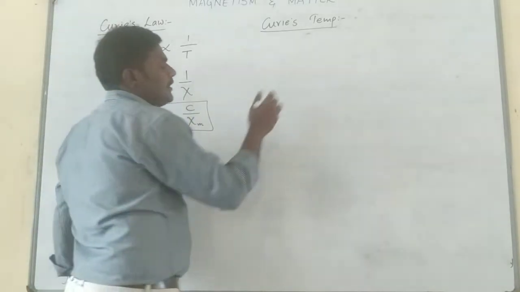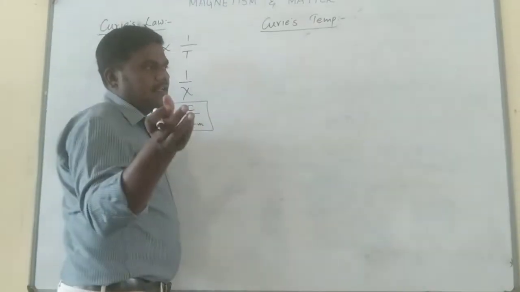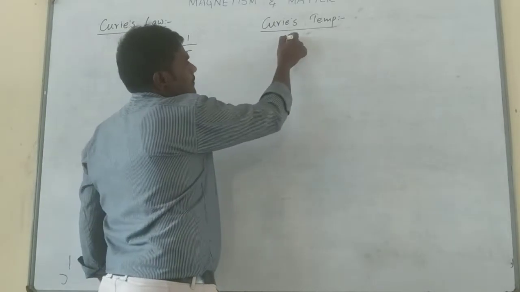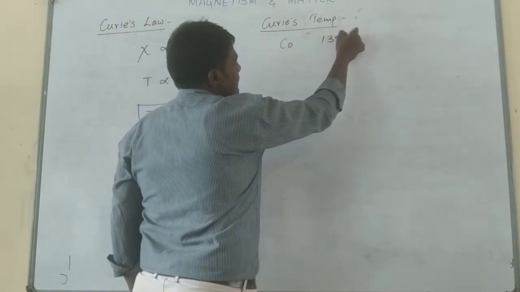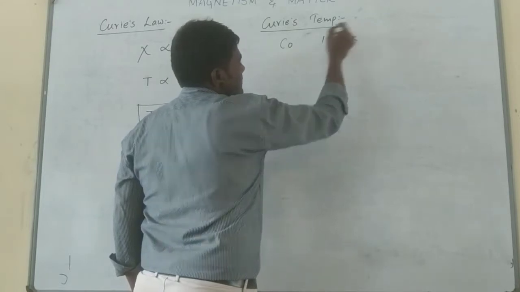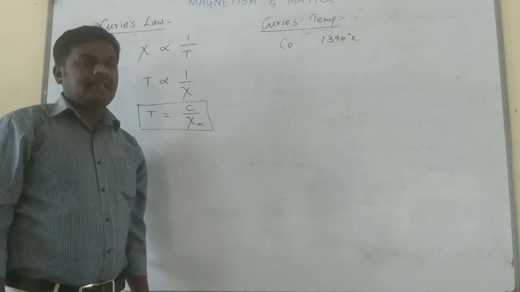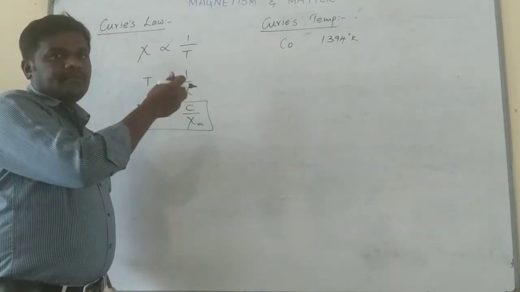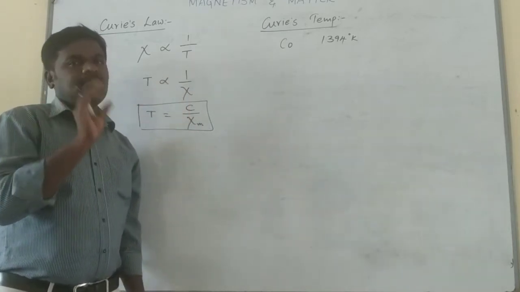For example, I have given certain temperatures and the materials list in the study material. Please go through it. In that, for cobalt it is around 1394 degrees Kelvin. At this temperature, cobalt, which is a ferromagnetic material, converts into para. Similarly I have given values for gadolinium, ferrous oxide, and you please try to get the values and corresponding materials.